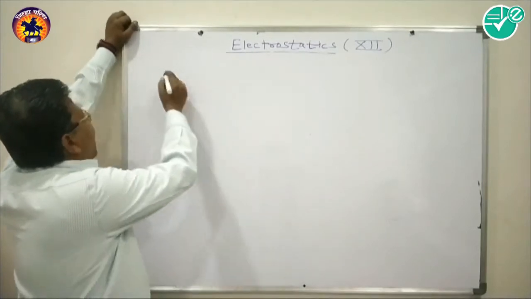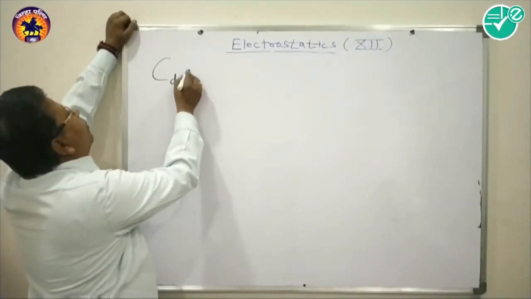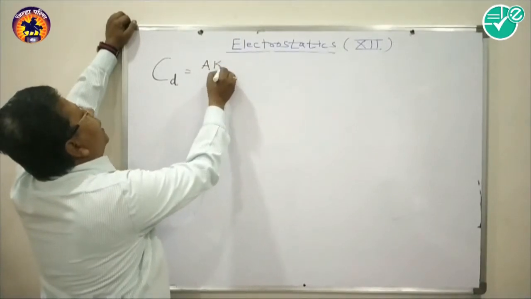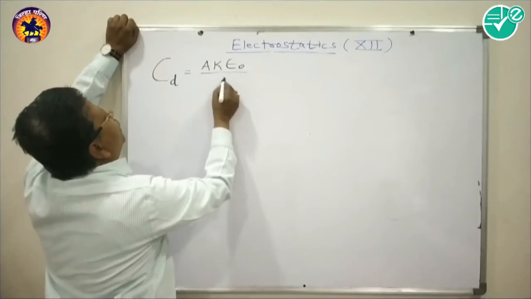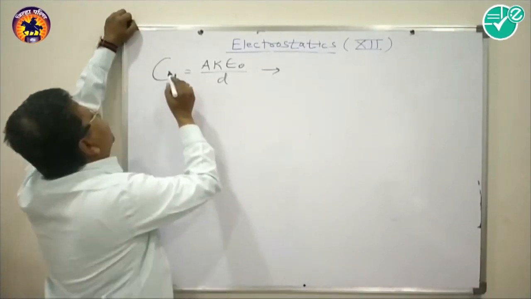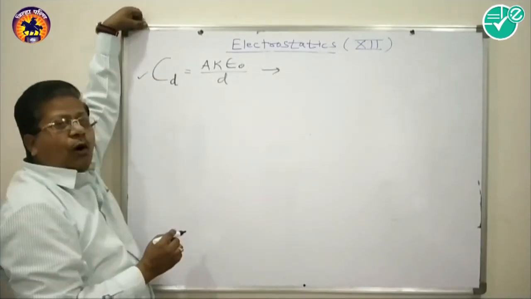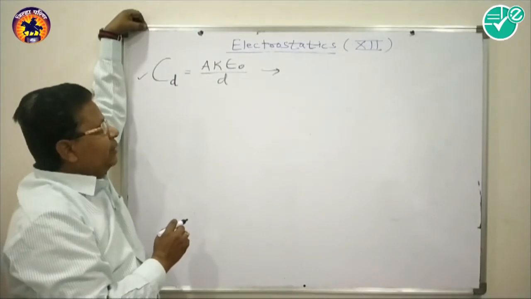So as we have derived the expression Cd, which is equal to A K epsilon 0 divided by small d, this is the expression which gives the capacitance of a parallel plate capacitor filled with dielectric.